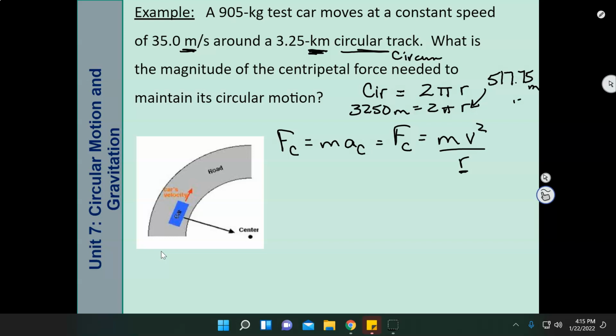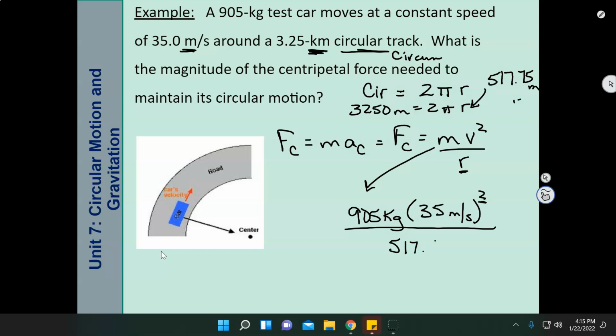Okay, so once I get that, all I need to do is plug in my mass, that's 905 kilograms, times my speed, which was 35 meters per second. Square that. Remember, the square, that's one thing that people have to make sure that they do. And then divide it by the radius. That was in meters.